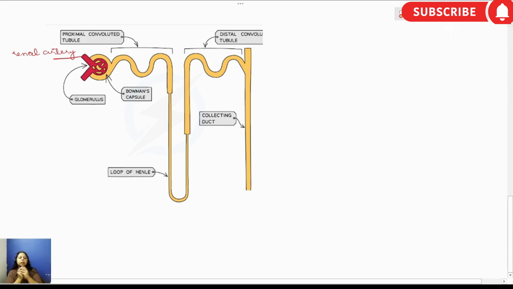The renal artery then divides into many capillaries. There is a tuft of capillaries in this region inside the Bowman's capsule. The U-shaped cup is known as Bowman's capsule, and this tuft, this group of blood vessels, is known as the glomerulus.